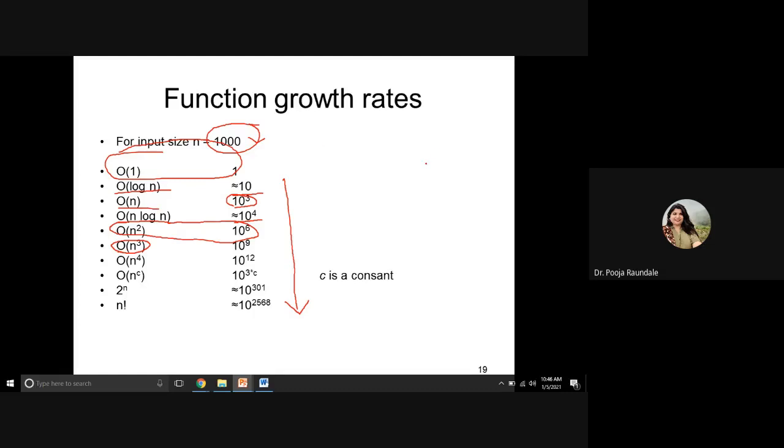Consider your code: you write a loop from 1 to n, and a nested loop again 1 to n, and again a nested loop 1 to n.